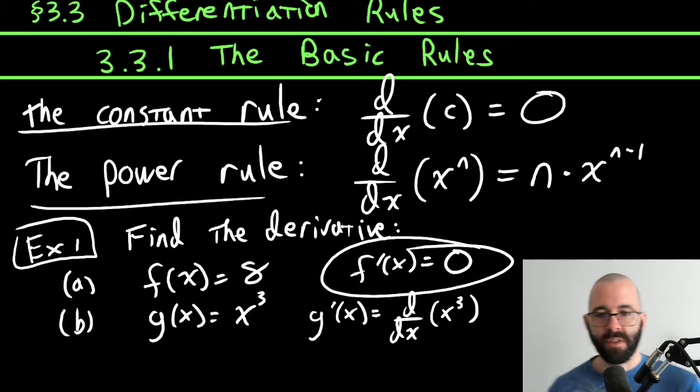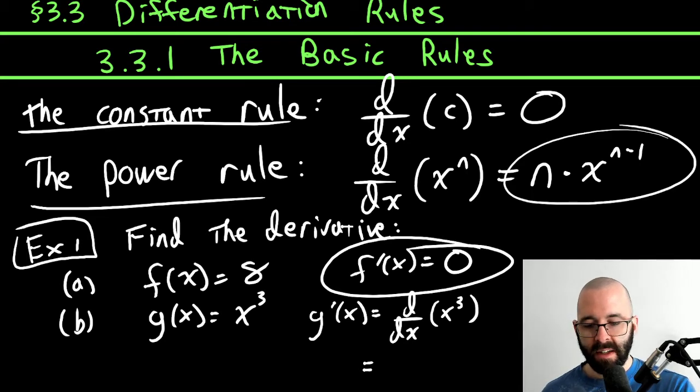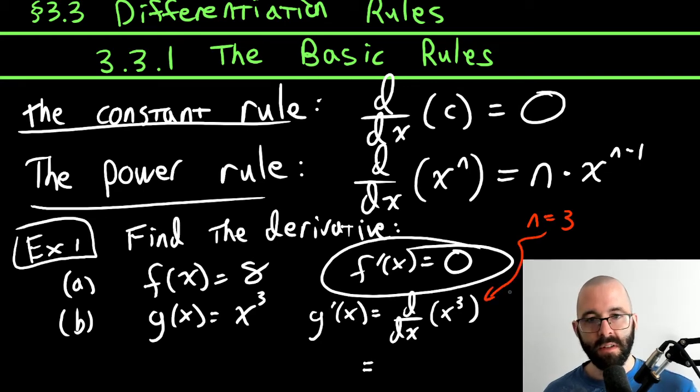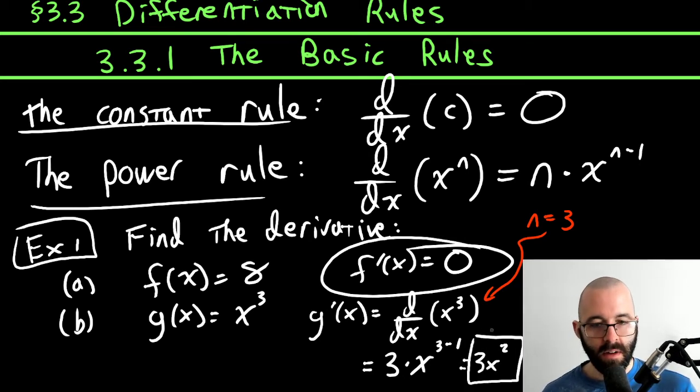Okay, so n is just 3. So using this formula, it's n, which is 3, n is 3, so that's in the front, times x to the n minus 1, n is still 3, it's 3x squared. That's how you use the power rule.